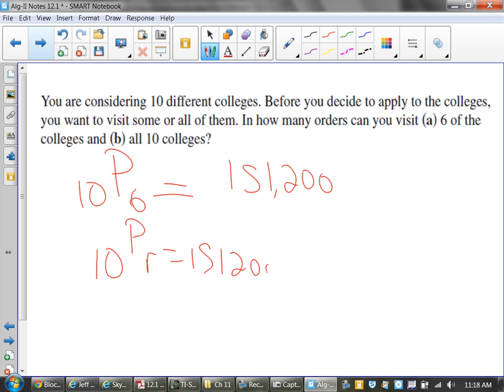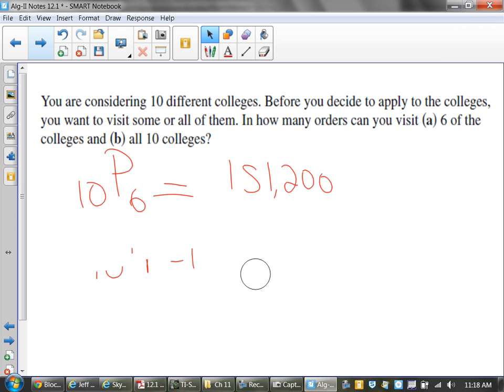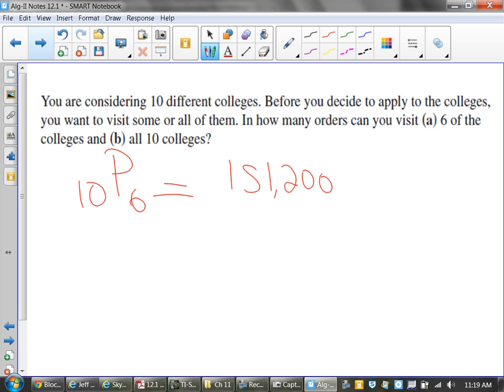Now, with the other one, if you wanted to do all 10 colleges, again it's 10.